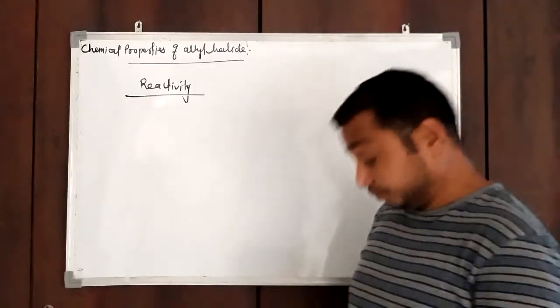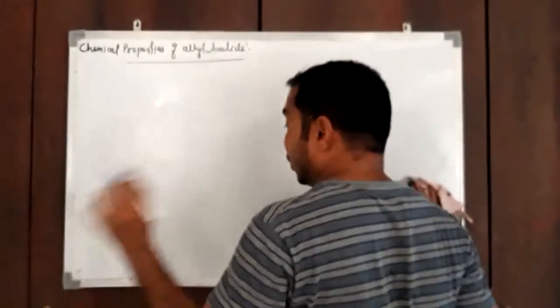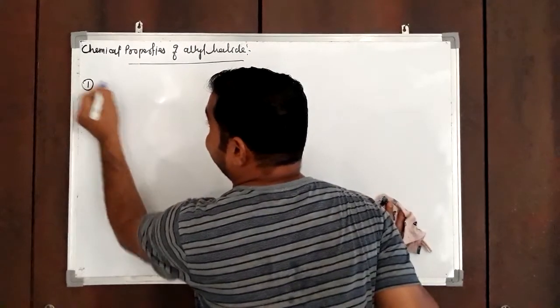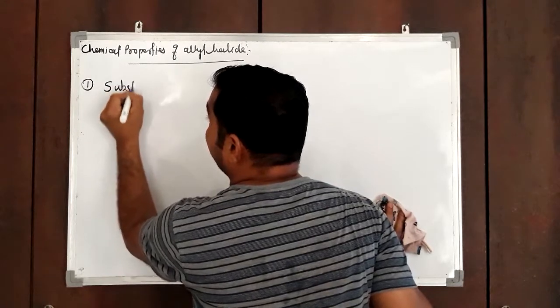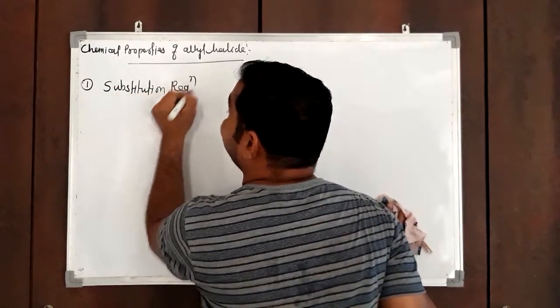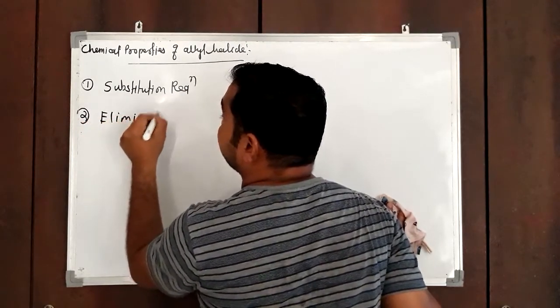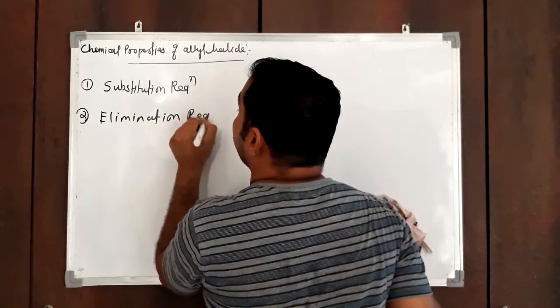So it is found that alkyl halide molecules normally show two types of chemical reaction. One is substitution reaction, and the second one is elimination reaction.